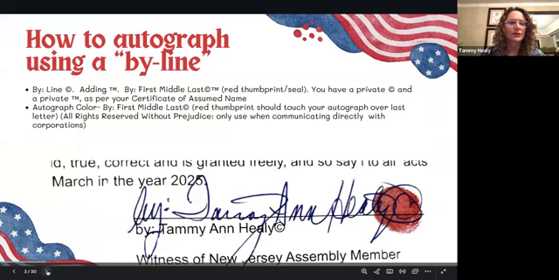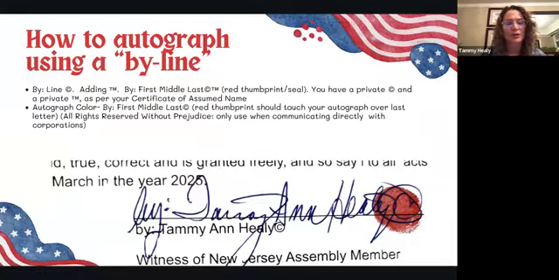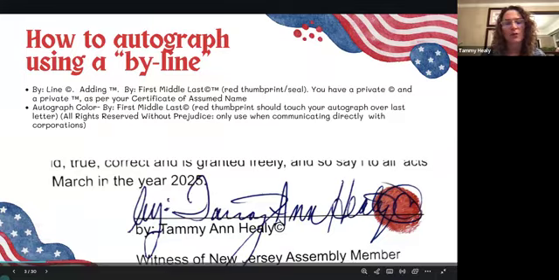All right, so how to autograph using a byline. By colon, then your name and the copyright, adding TM. Now, trademark is actually if you're going to be using your name for business purposes. You don't need to trademark your name. And then you're going to add your red thumbprint.